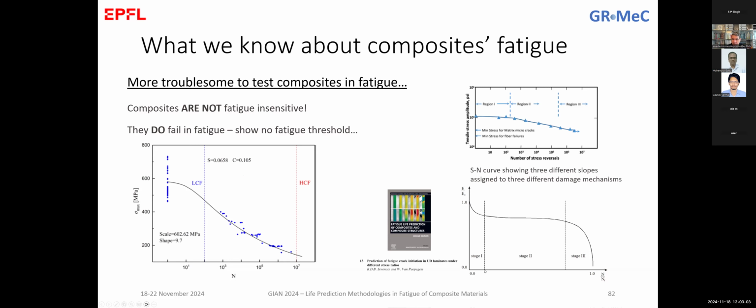At around this stage 1 can take 10 to 15% of the lifetime. We have a stage 2, which is more or less with a constant slope. Most of the lifetime of the material shows an evolution of stiffness in this stage. And then we have a sudden stage at the end that might be 5-10% maximum, where we have the drop and the failure of the material.